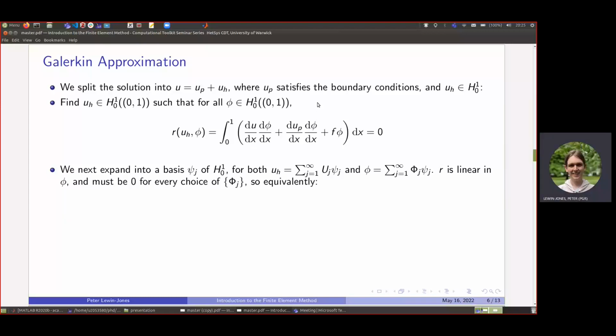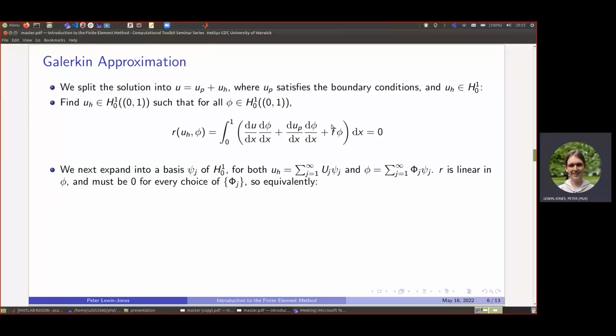So the next thing to do is expand into a basis of that function space and take both our solution as a sum, some coefficients times that basis, and also our test function. We're also going to spot that this integral is linear in the test function.